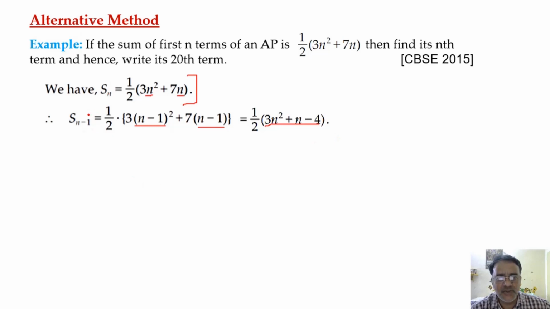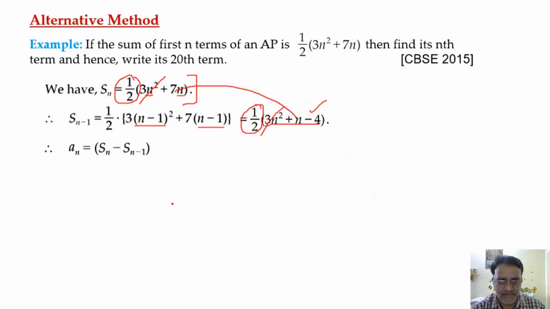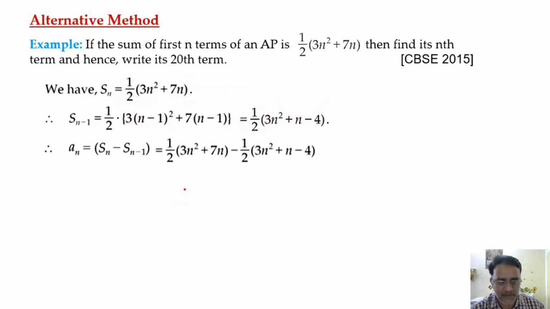Now subtract these two, Sn minus S(n minus 1). Look, when we subtract, half is common, and this 3n square will be cancelled, and 7n minus n will become 6n, and this plus 4 will come.